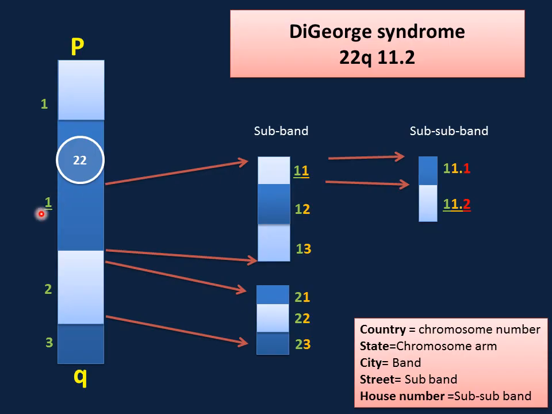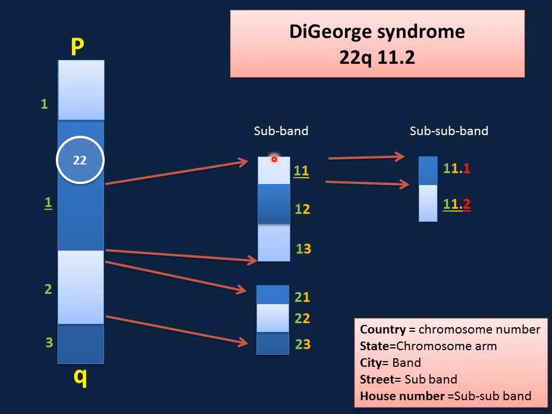So 1 here belongs to one of the original bands. So this is the sub band: 1 1 1, then 1 2 3. So you have 1 1, 1 2, 1 3. The correct way to read it is 1 1, not 11. So 1 1, 1 2, 1 3.